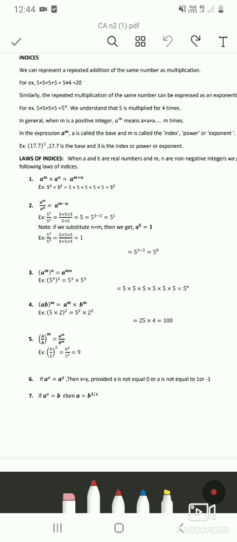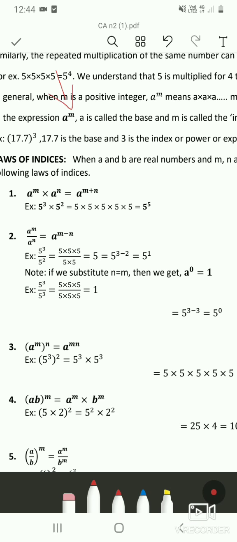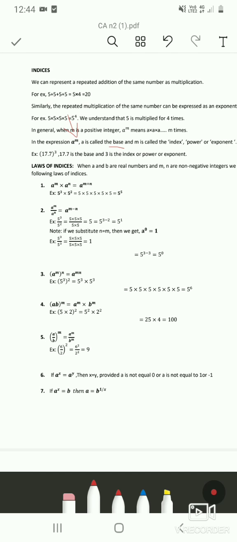In general, when m is a positive integer, a power m means a into a into a, that is a is multiplied m times. Here in the expression a power m, a is called the base and m is called the index or power or exponent.